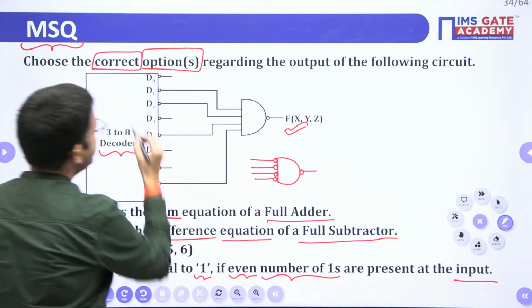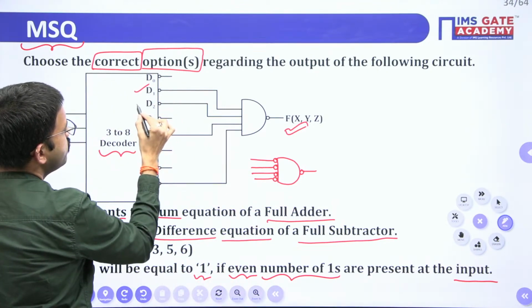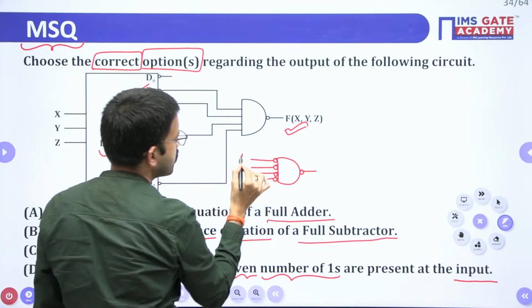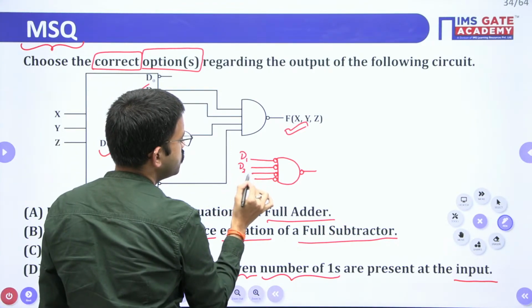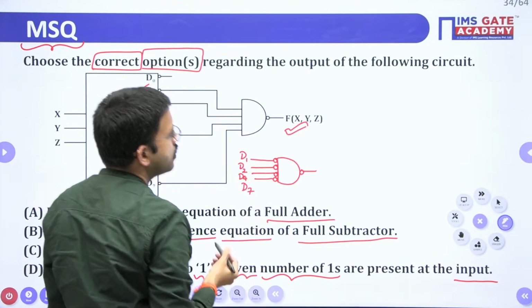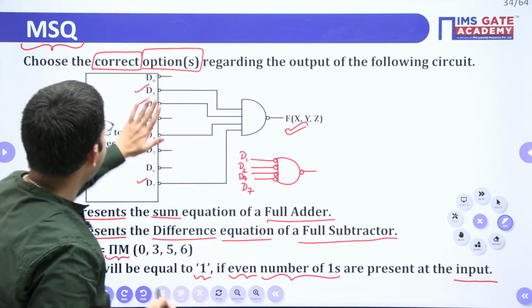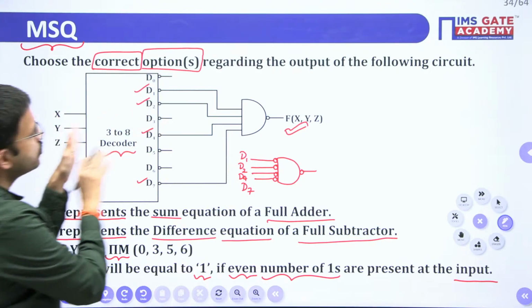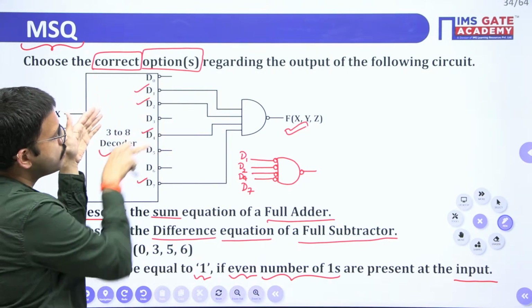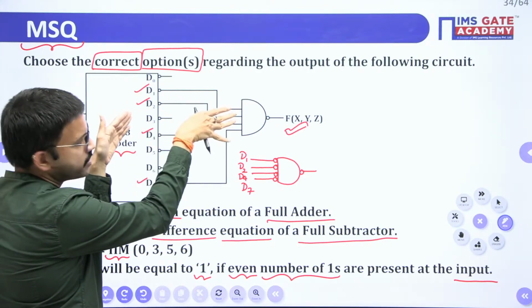Here the inputs are D1, D2, D4 and D7. Now this is the circuit. Forget about the decoder. For the decoder, the normal outputs are D1, D2, D4, D7, and after that you are having bubbles, which I kept here at the input side.